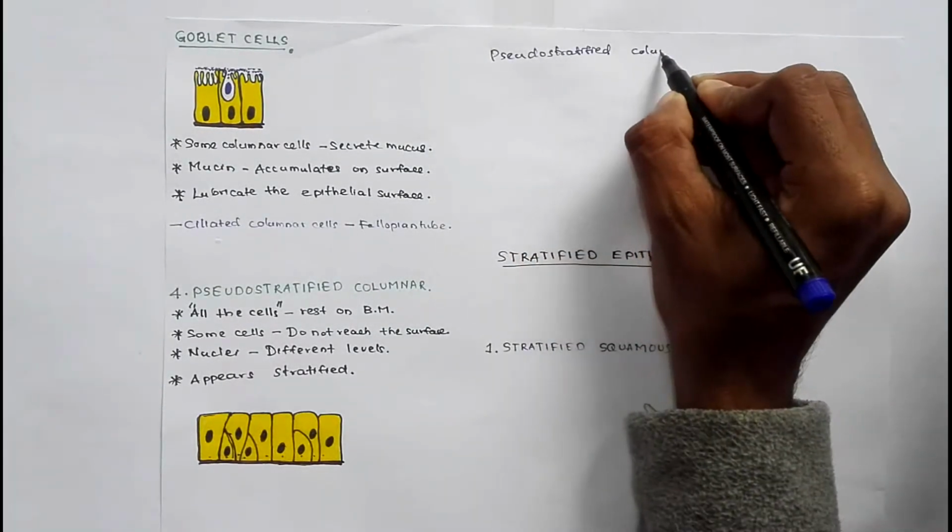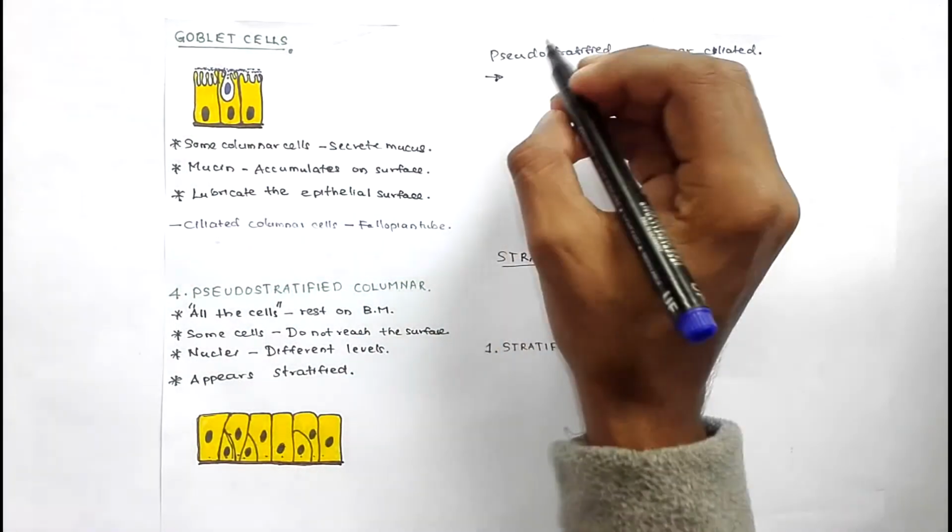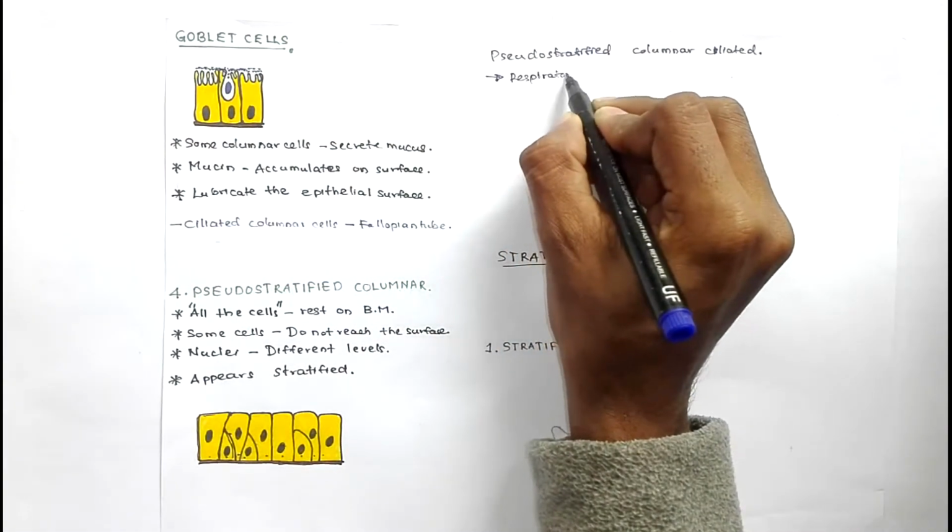Pseudostratified columnar ciliated epithelium can be seen in the respiratory tract, especially in the trachea and bronchi.